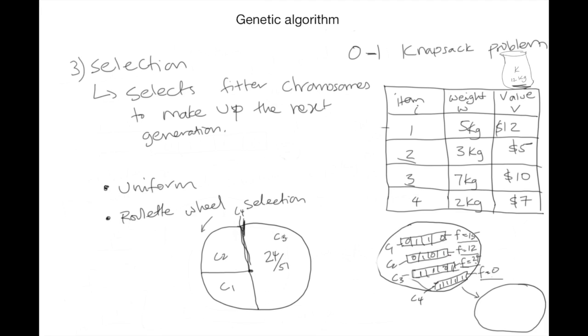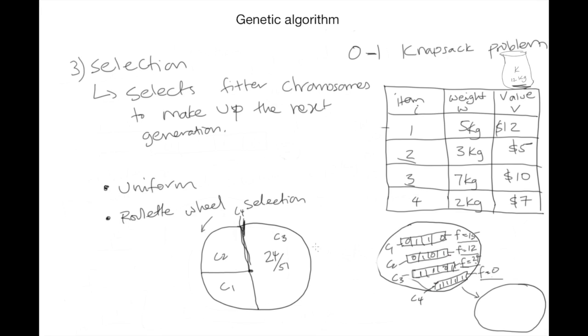As you can see, chromosome C3 has the highest probability of getting selected for the next population, for the next generation. So let's spin the wheel and discover which chromosomes get selected.